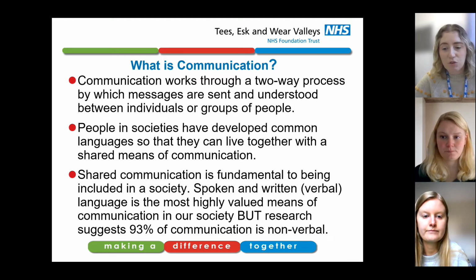And I think within that, you've got those important words that really highlight that it is a two-way process. So you've got common languages. So if I don't speak the same language that you speak, we're not going to be able to communicate. And it's a shared means of communication. So there isn't just all the responsibility or focus on the one person. It really has to be shared and balanced between two or more people.